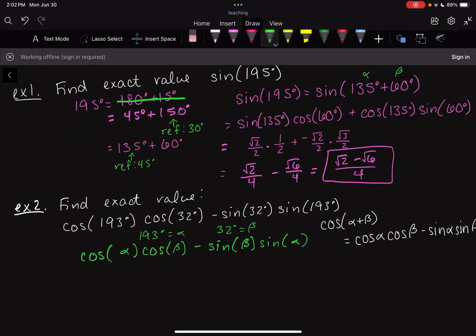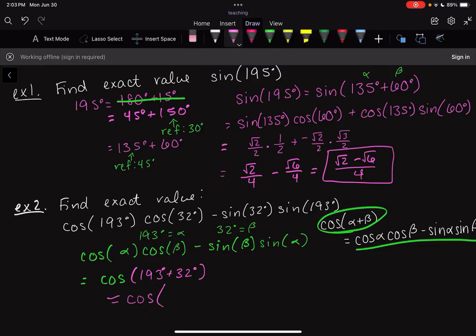So what we can do is we're seeing this side of the identity, so we can go to the smaller side. Say this is equal to cosine 193 plus 32, which would be 225.